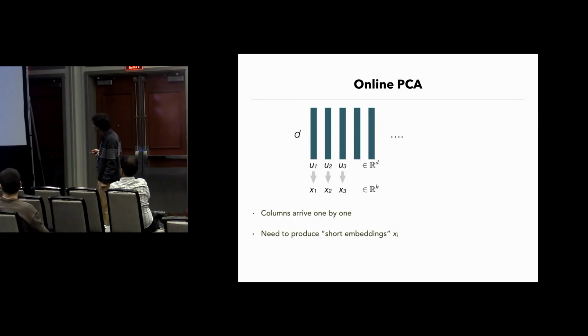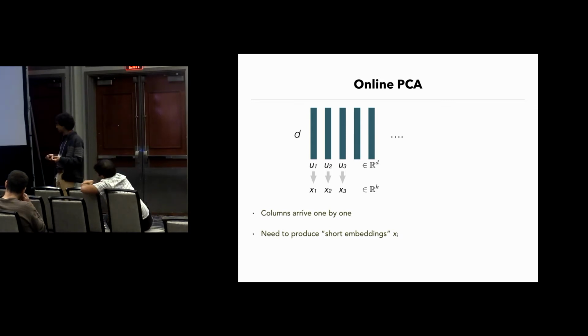And what is PCA? PCA is a bit more tricky to define. This is why I defined this notion of embeddings before. Okay? And the way online PCA is defined is you get these vectors in d-dimensional space. Okay? And the moment a vector shows up, you would like to commit to an embedding xi of this vector ui. So once a column arrives, you have to produce a short embedding of this column.